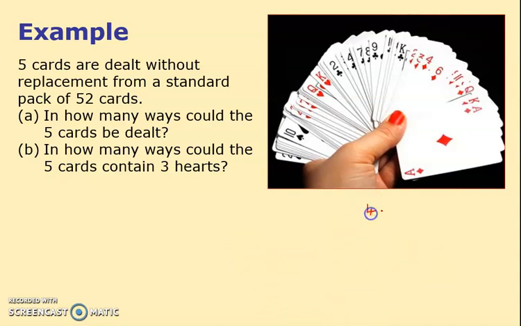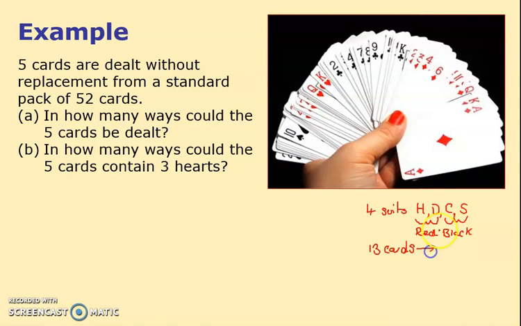You get 4 suits when you're playing cards. They are hearts, diamonds, clubs and spades. These 2 are both red. These are both black. Each suit has 13 cards.